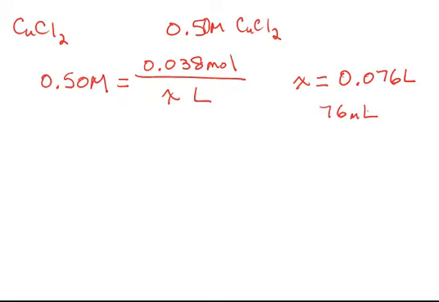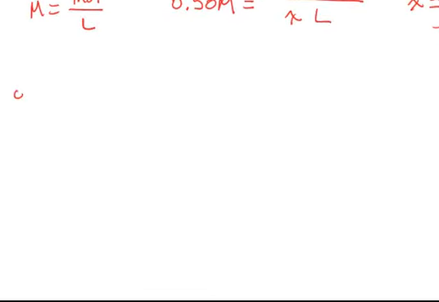Another way that sometimes people do the math to figure out what volume of solution they need is they do it in a T-chart way. So this is just another way of solving that same problem.